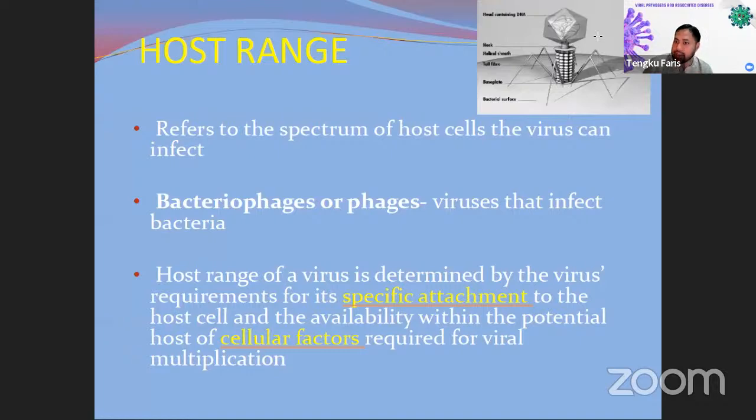Hence, they can invade the bacteria and kill the bacteria. They can hijack the system of the bacteria and start to reproduce or replicate within the bacteria. The same goes for humans.